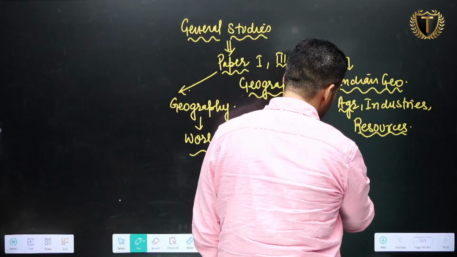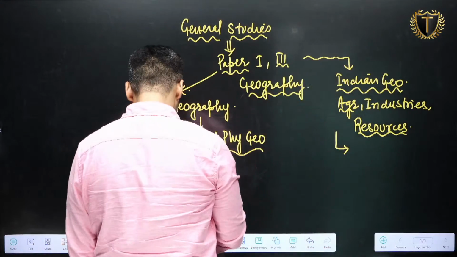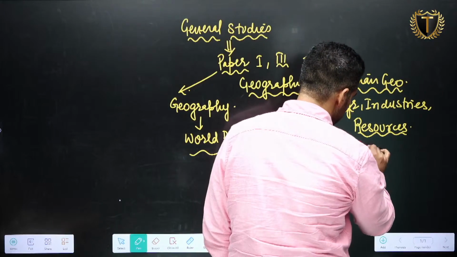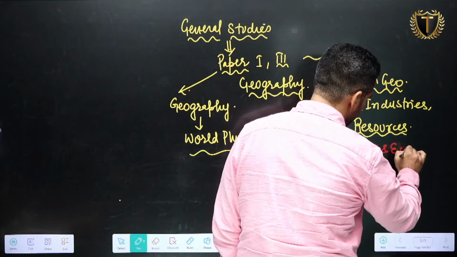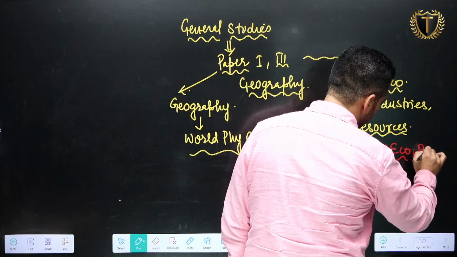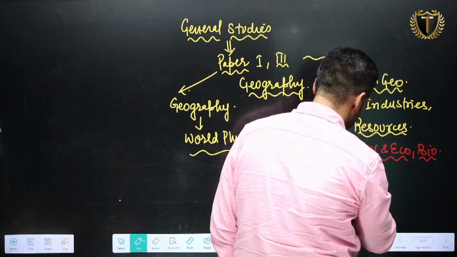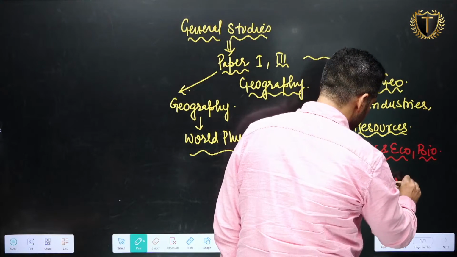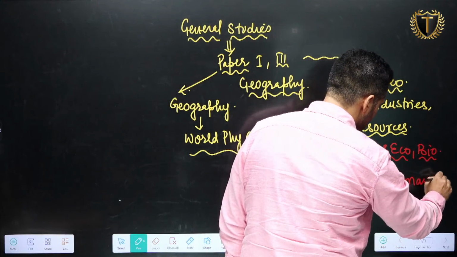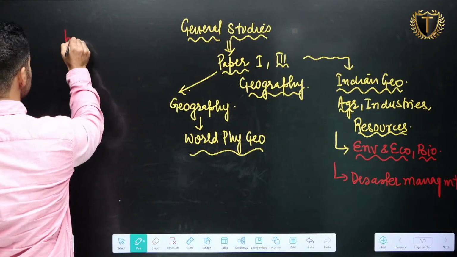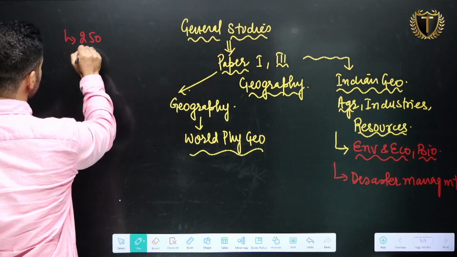Now one more component which is very important in this part is our environment, ecology and biodiversity, along with disaster management. So each paper in GS is of 250 marks.